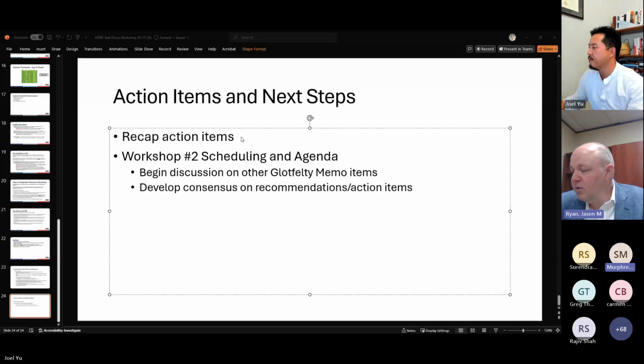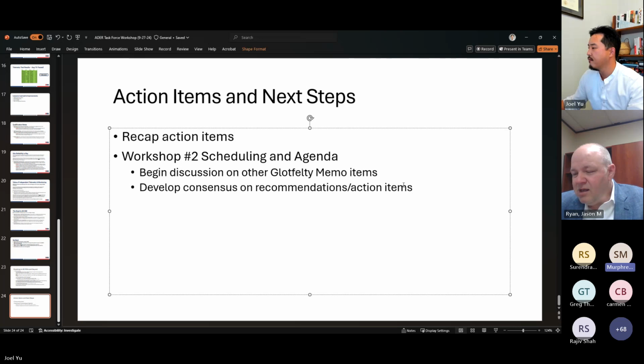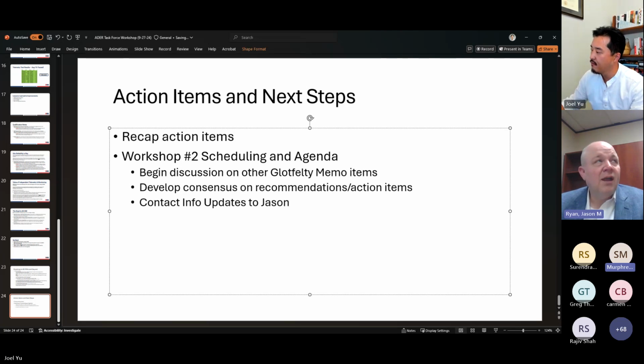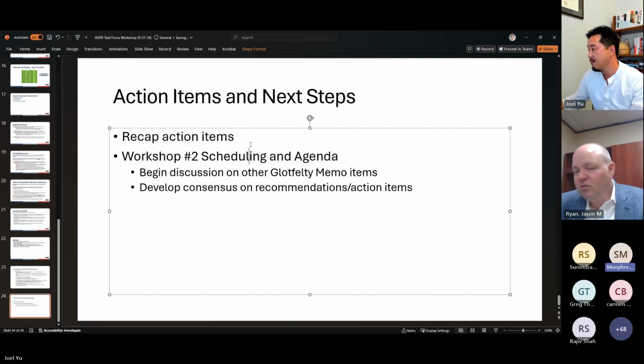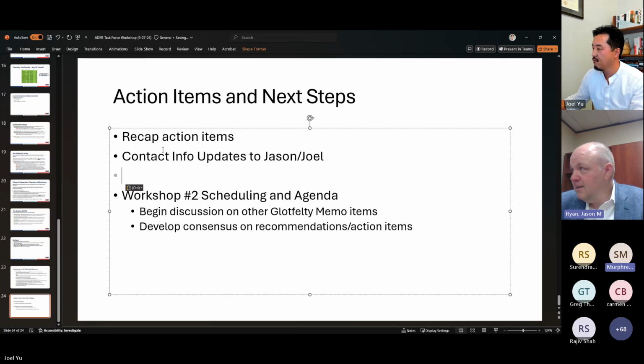So I'll circle back with all of you just to confirm contact information for this third year. And then we'll post an updated task force member list so that everybody has access to that.